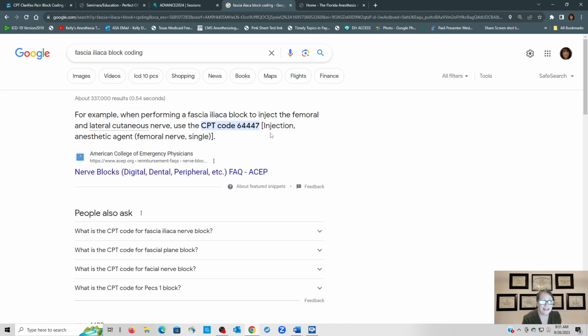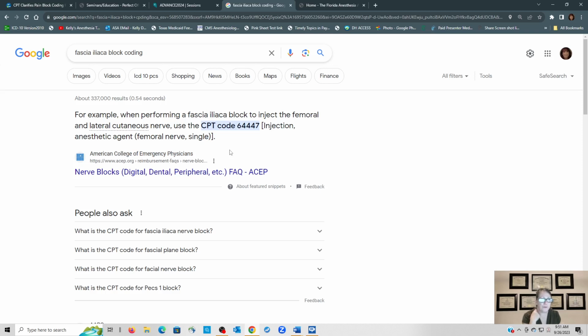So what I'm going to tell you is that there is a resource here that can lead you to the correct coding, because it has changed between, I want to say 2015 and what the CPT Assistant said to do, and December of 2022, in how to report coding for this specific block.